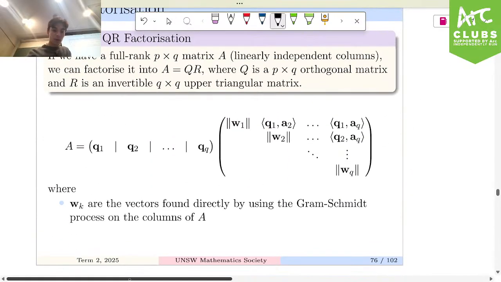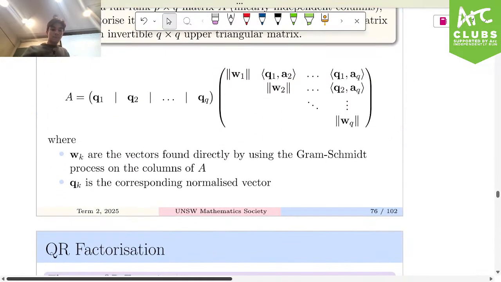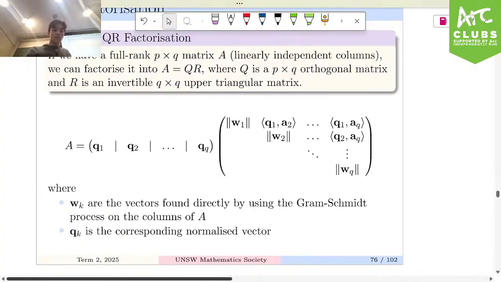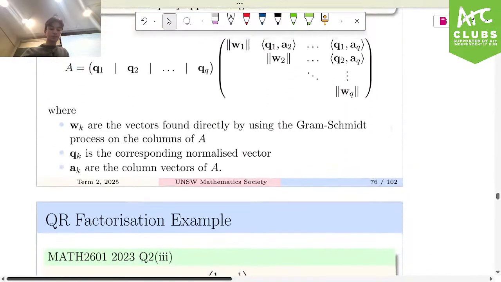So what it says here is that the W_k are the vectors found directly by using the Gram-Schmidt process on the columns of A, and these A vectors are precisely what we mean by columns of A. And the Q columns are the normalized vectors that we find through the Gram-Schmidt process.